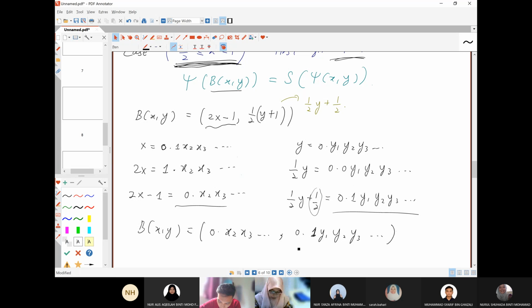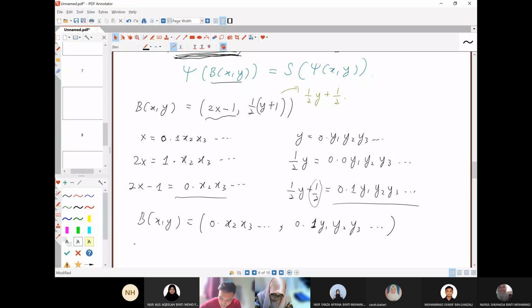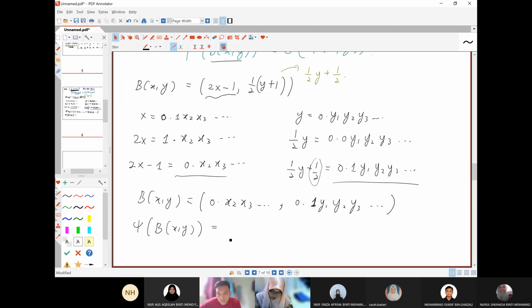Okay, so we apply the psi to the BXY. So psi of B of XY is equals to, again, we write it in terms of this lah. So I write as 0, 1, 2, 3 and this one position number -1, -2, -3 and so on.